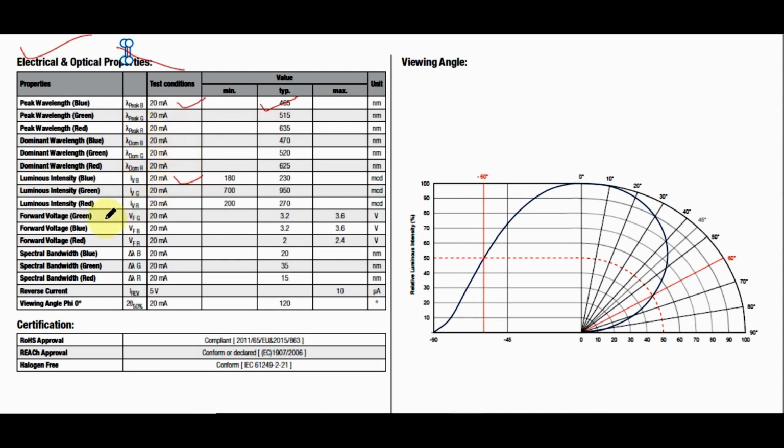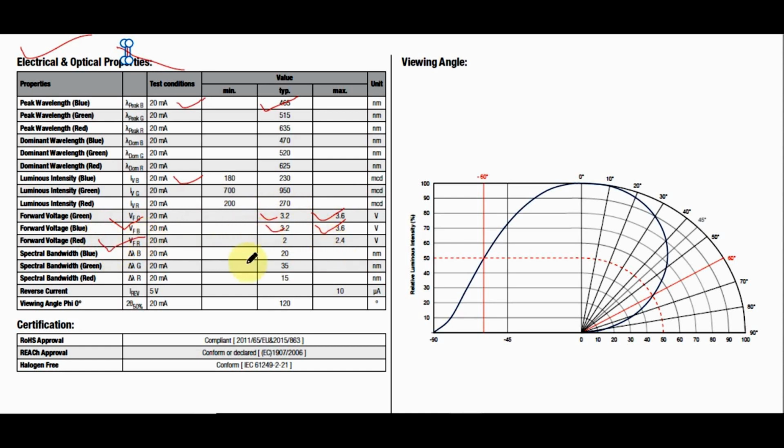Now I will discuss the forward voltage. Forward voltage of green LED is 3.2 minimum and 3.6 maximum. Forward voltage for blue LED is 3.2 to 3.6, and forward voltage for red LED is 2 to 2.4 volt.